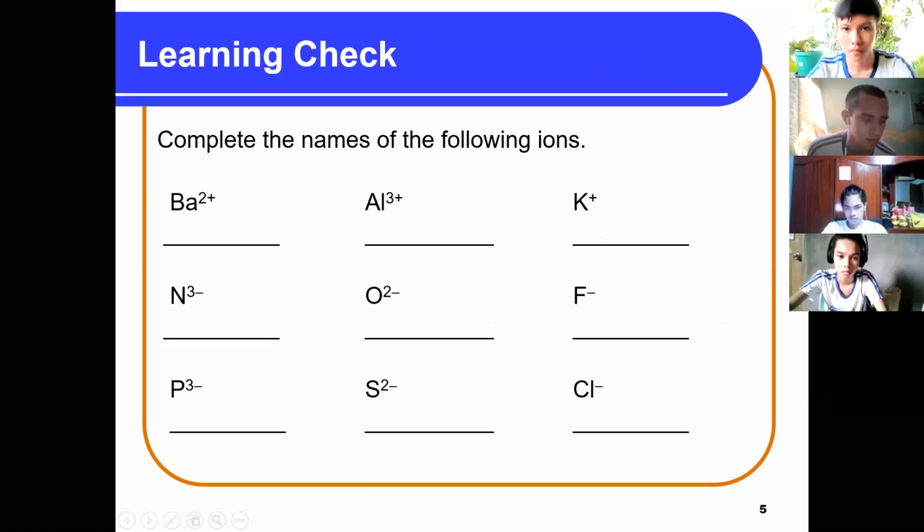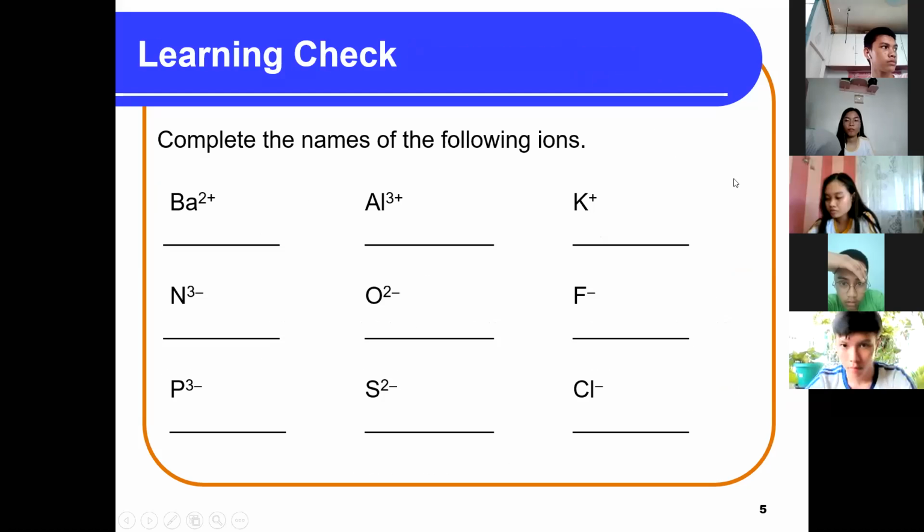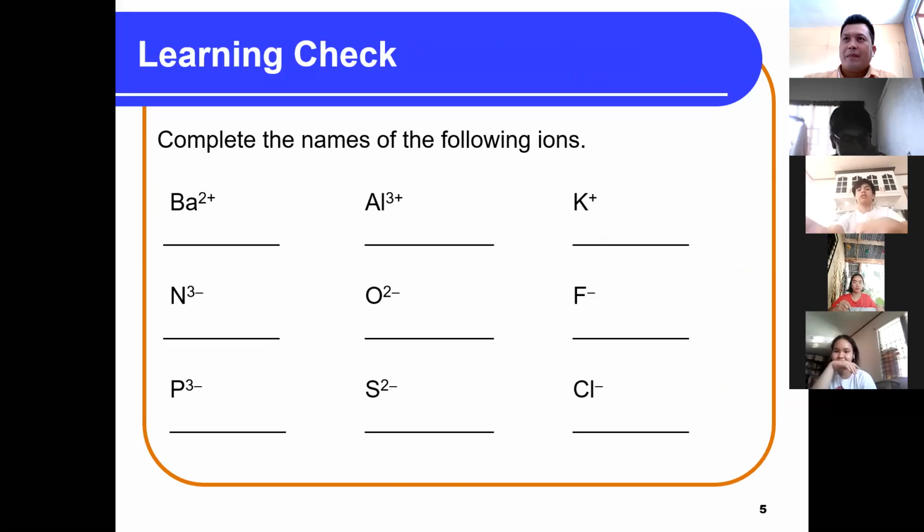What is the name of this ion? Barium. How about Al3 plus? Aluminum.